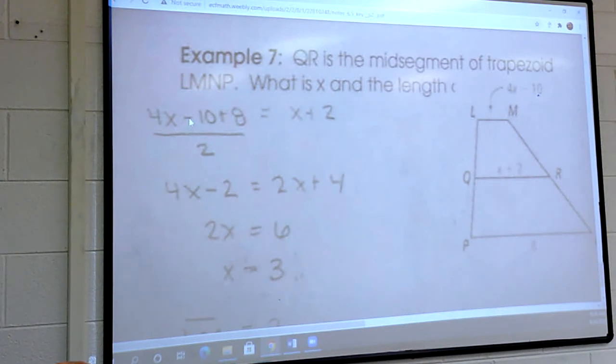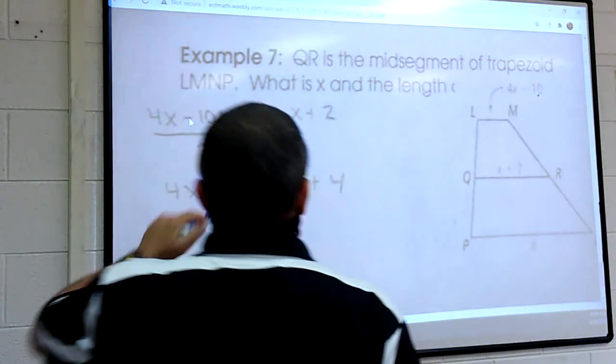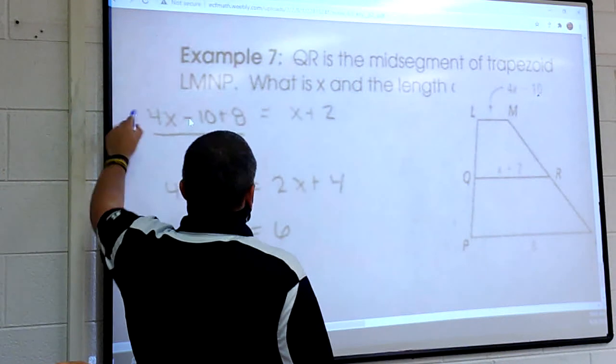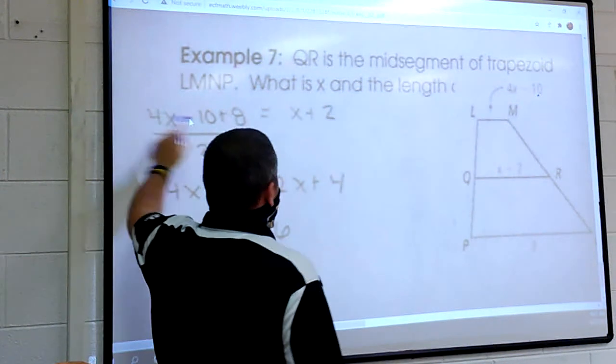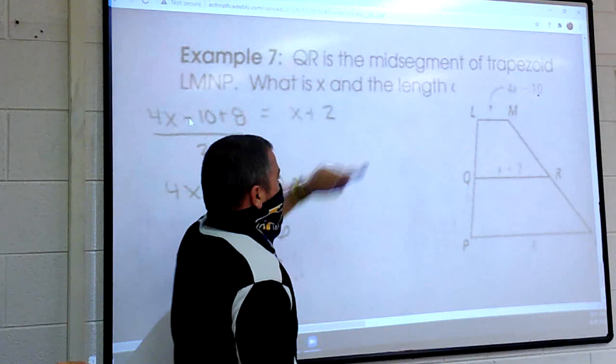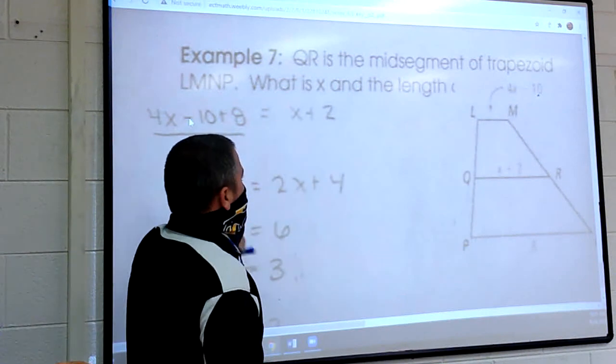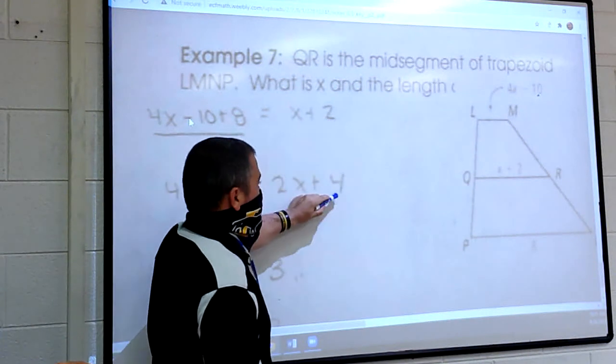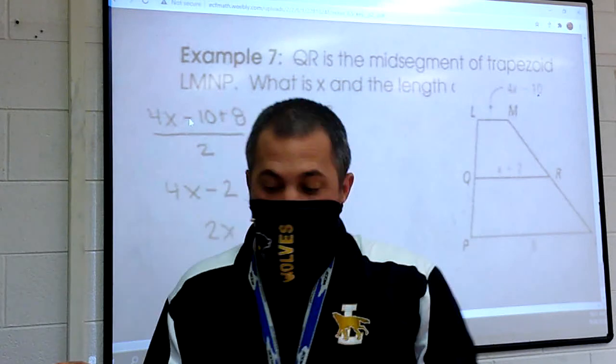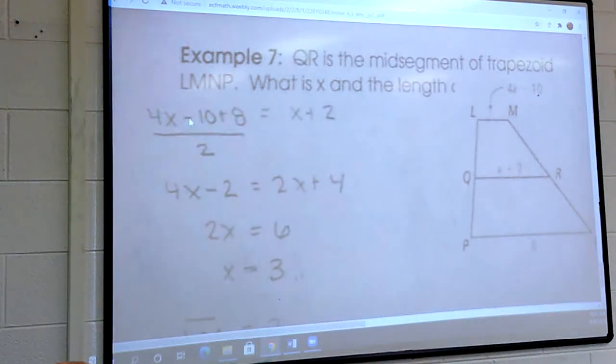And then the first thing we did is it was divided by 2. So we want to get that 2 off the bottom. To get that 2 off the bottom, we're going to multiply by 2. That cancels it out over here. When you multiply by 2 over here, x times 2 is 2x. 2 times 2 is 4. So that's where they got those numbers from. So we're getting the 2 off the bottom of the fraction.